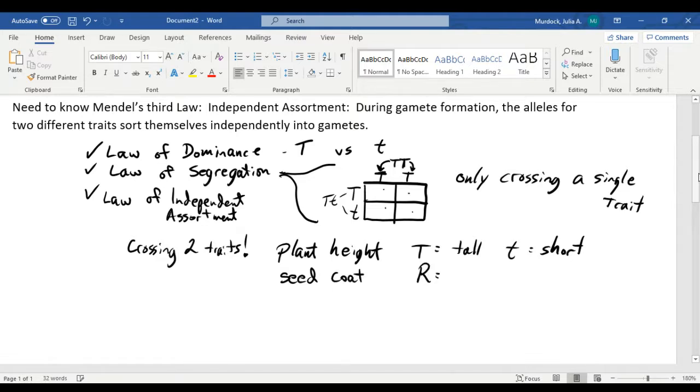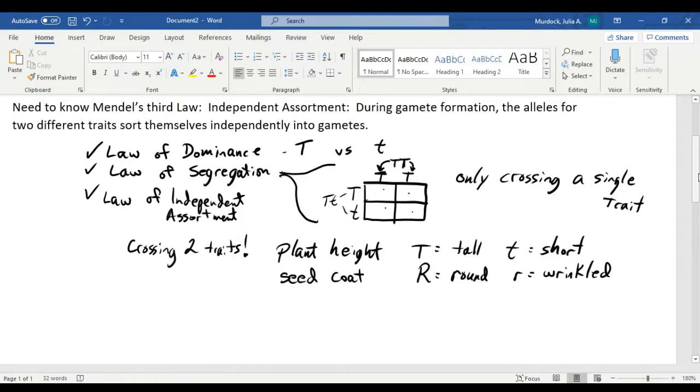Let's say big R gives you round, and a little r gives you wrinkled. So two different traits, plant height and seed coat quality. We're talking about pea plants here, and there are the letters that indicate both.